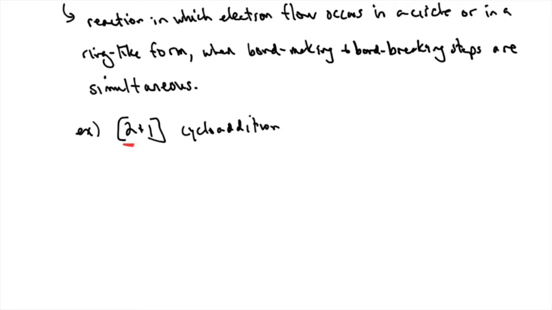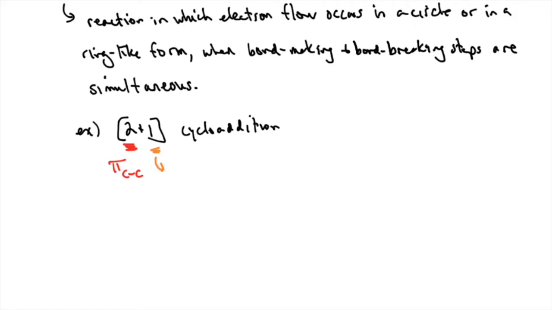The 2 here always indicates that you have a pi CC bond. The 1 indicates that you have one other atom or one other pair of electrons in that ring. So you're going to form a 5-membered ring in this case. Excuse me, a 3-membered ring in this case.